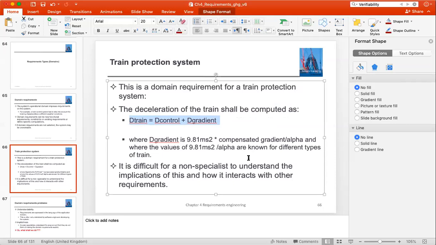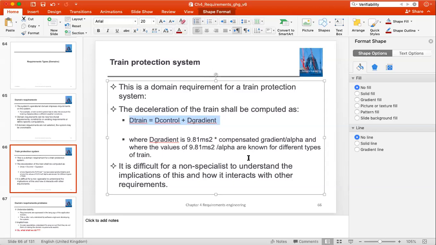In air traffic control, for example, you need to know that there's a safe vertical separation distance and a safe horizontal separation distance. If it's narrower or smaller than the established safe distance, then an alert needs to sound, for example, in the air control room. All these are technical domain requirements.